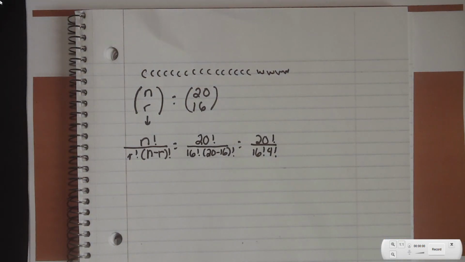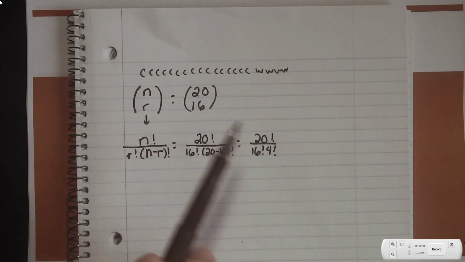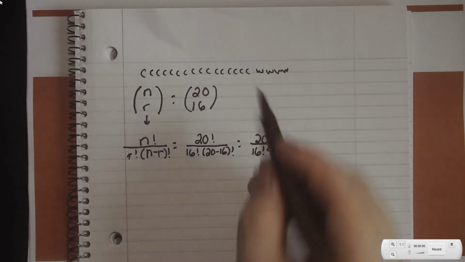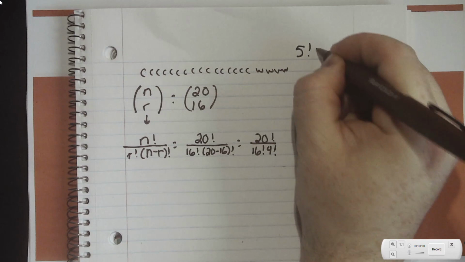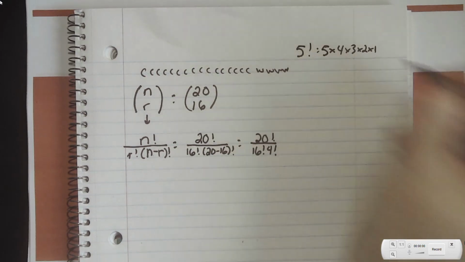Okay, so now what you're going to do is this. A factorial is basically something that gives you a starting point and then tells you to multiply all the way down from that point to 1. So for instance, 5 factorial, I'll put that over here. It'll be 5 times 4 times 3 times 2 times 1.